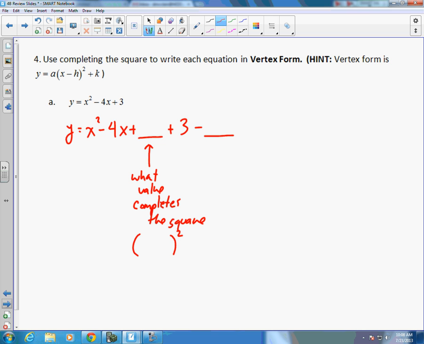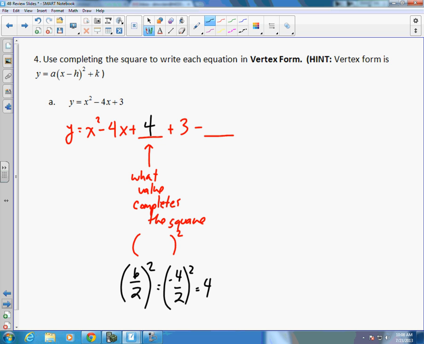The straightforward formula is always going to be b over 2 squared. What's b? B is negative 4. So this is negative 4 over 2 squared. Negative 4 over 2 is negative 2. Squared is 4. So the value that completes the square is 4.